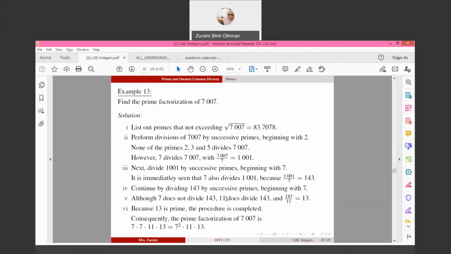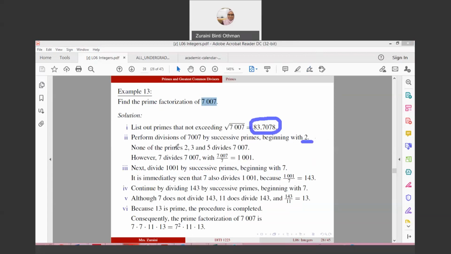Okay, so here kalau 7,007 ni pun kita agak confused juga kan, kita tak tahu dia ialah nombor prime number atau apa. So kita cari dia punya square root. Square root dia ialah 83. Banyak ni kan, betul tak? So kita buat satu per satu. Perform the division of 7007 ni dengan kita buat divide by 2.